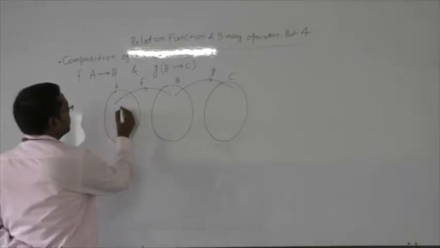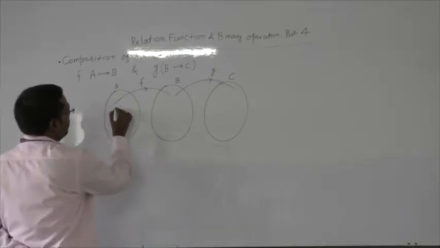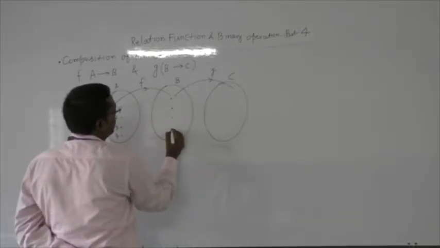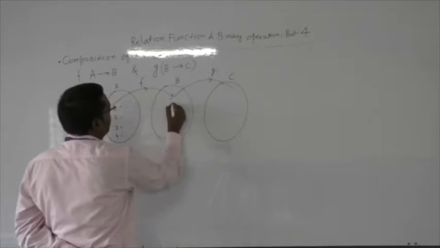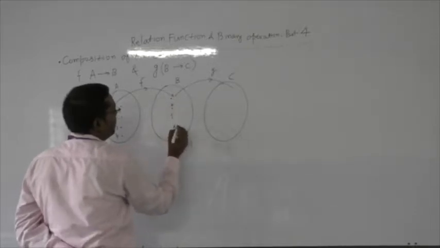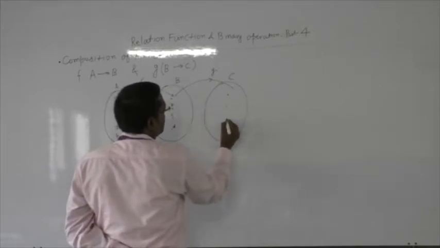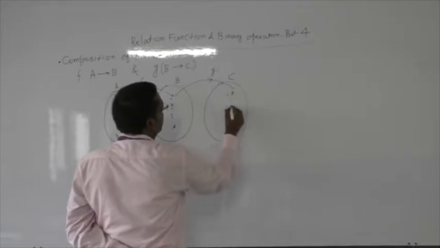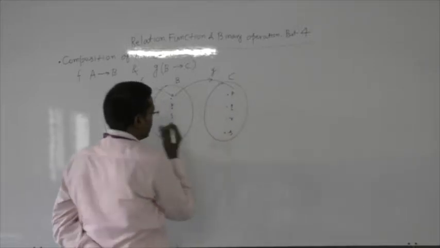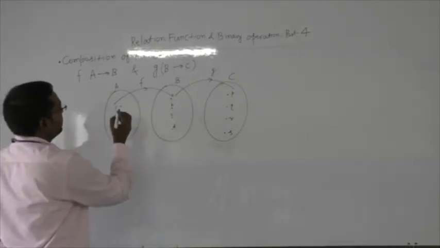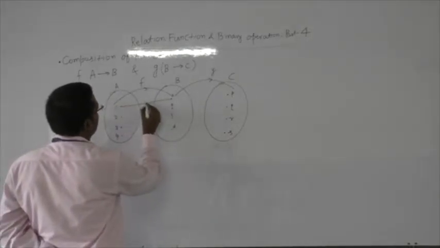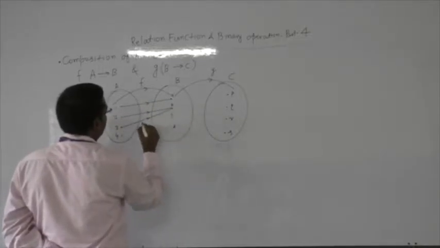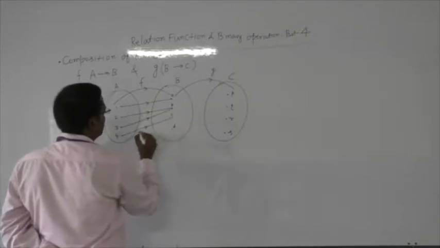Suppose we have some elements here, 1, 2, 3, 4. We have some elements here, a, b, c, d, and we have some elements here, P, Q, R, S. The function from A to B is defined like 1 is connected to a, 2 is connected to b, 3 is connected to b, and 4 is connected to c.